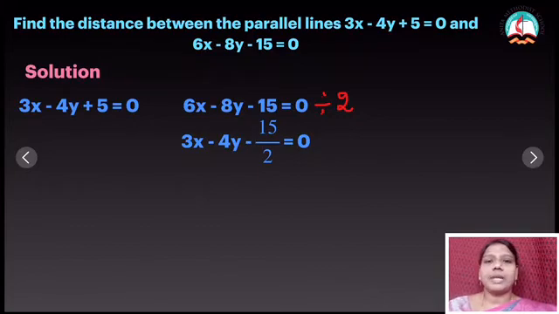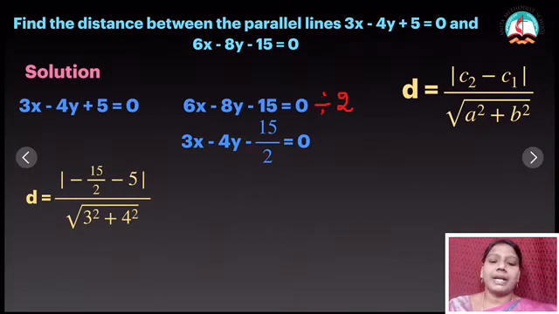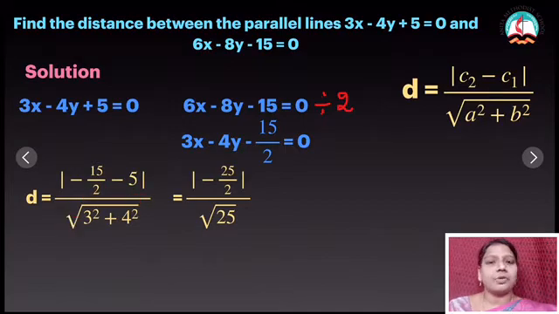Now, distance between parallel lines, what is the formula? Modulus of C2 minus C1. Shall we find out? This is C2 minus C1. Therefore, distance is equal to minus 15 by 2 minus 5 divided by, see, look at same A, same B. Therefore, we are taking it like that. So, root of 3 square plus 4 square. If I simplify that, then minus 25 by 2, root of 3 square is 9, 4 square is 16, total will be 25.